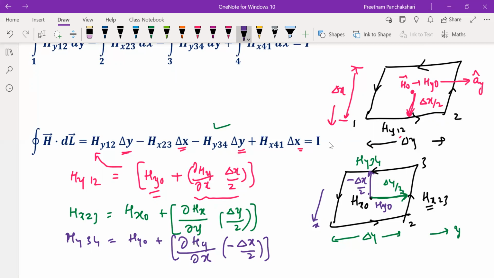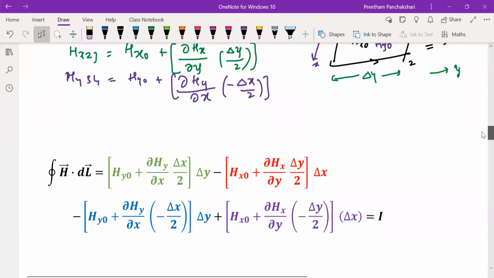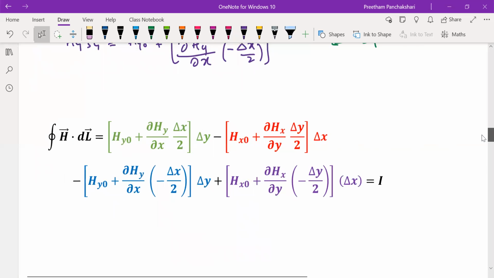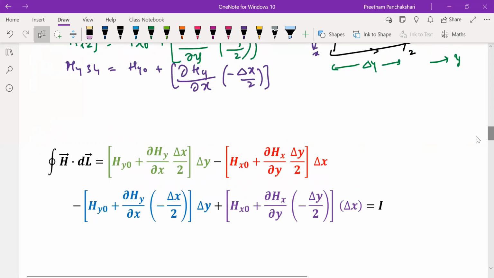So likewise, we can write the other quantity also. Let me take the complete equation similarly. So we have the equation accordingly. Here each component is represented: Hy0, dou Hy by dou x.